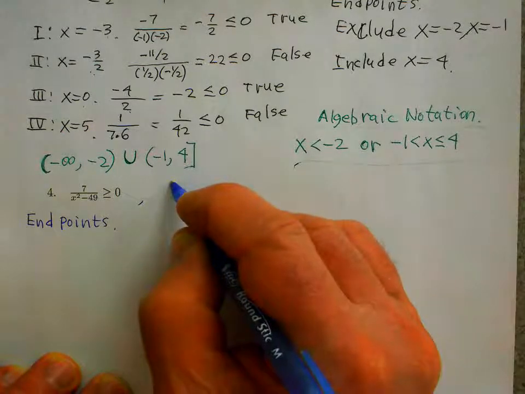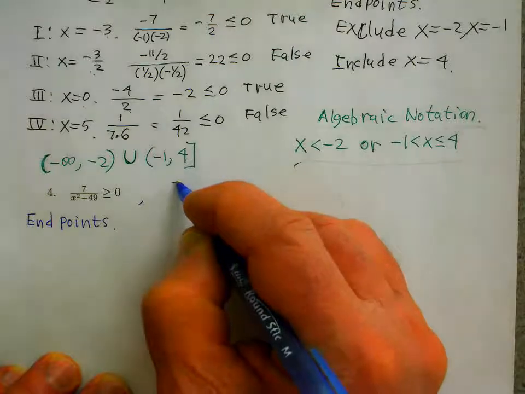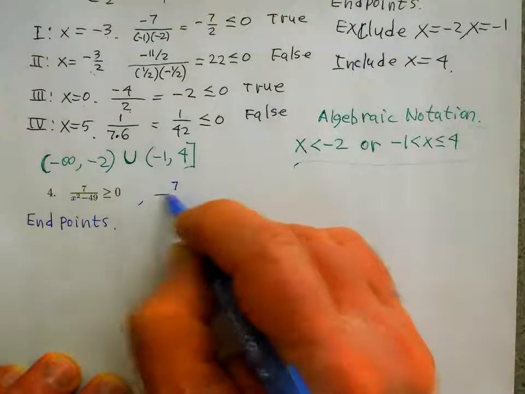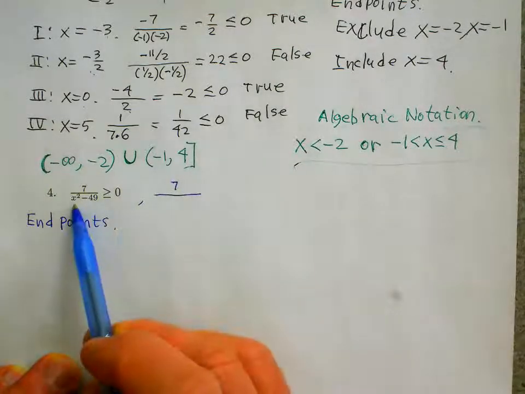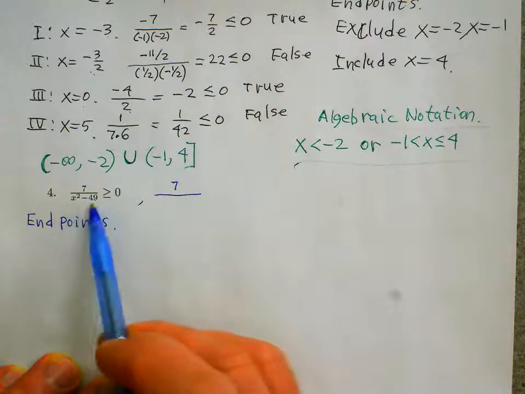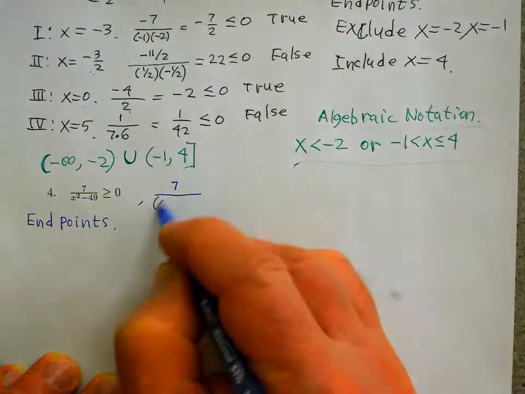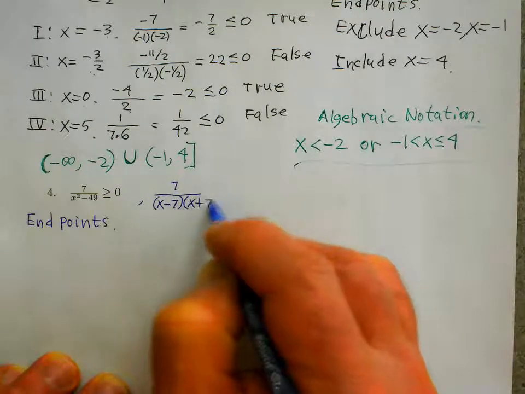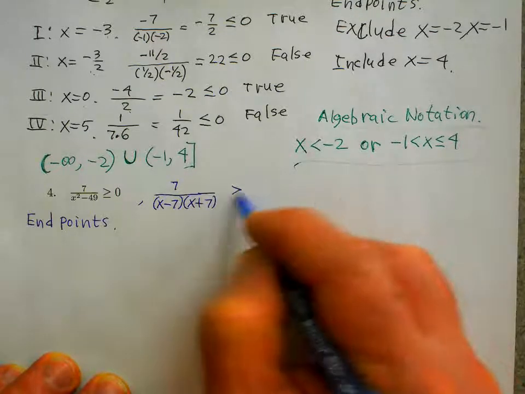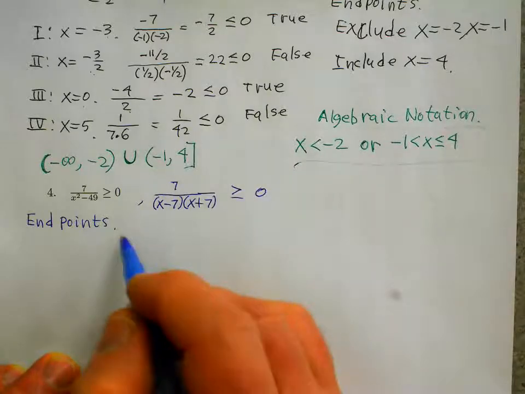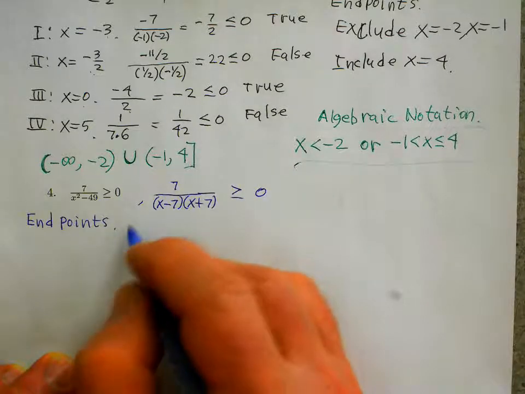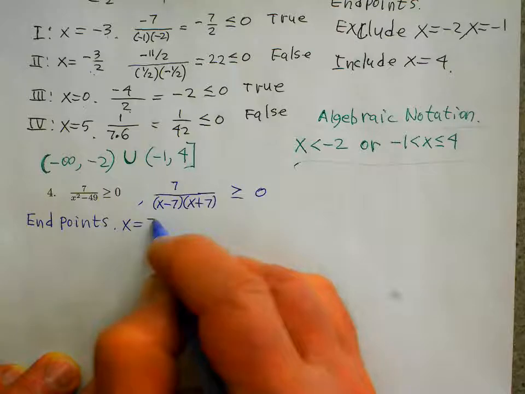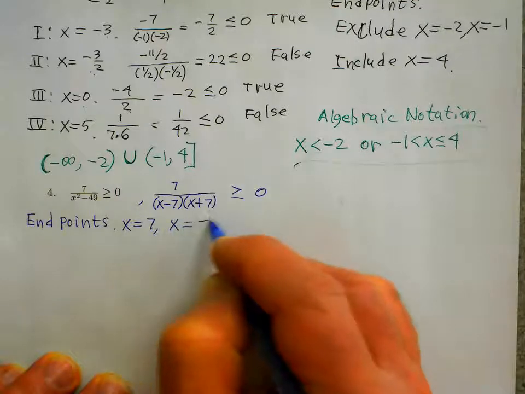Yeah, so -7 and 7. If we factor x squared minus 49, this is a difference of two squares. One factor is x minus 7, the other one is x plus 7. So the x values that make the denominator 0 are +7 and -7.